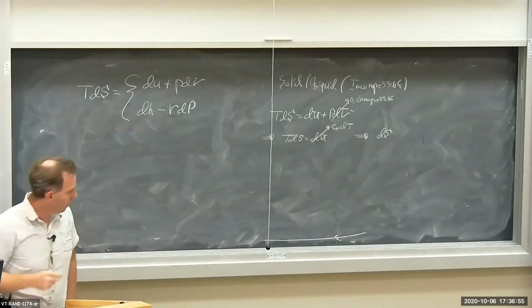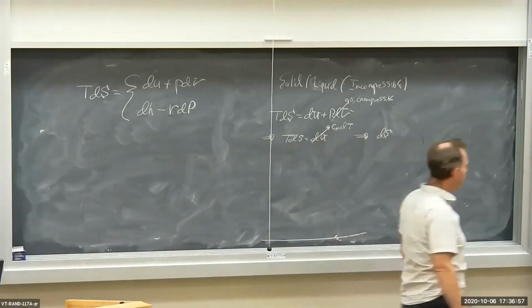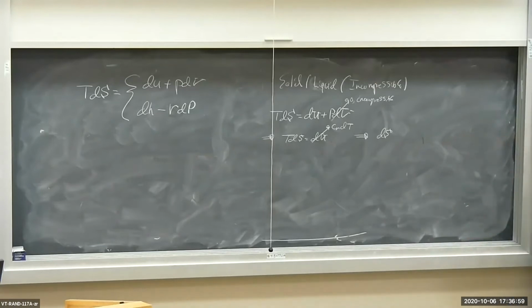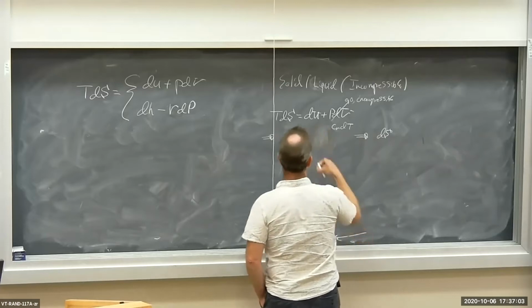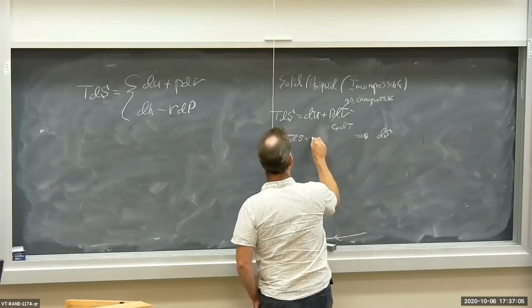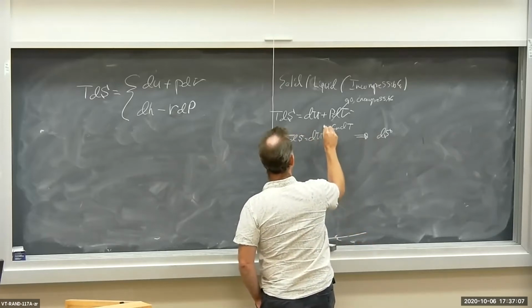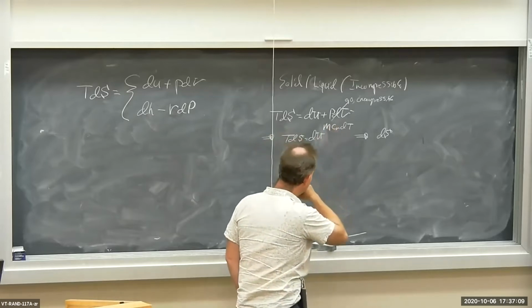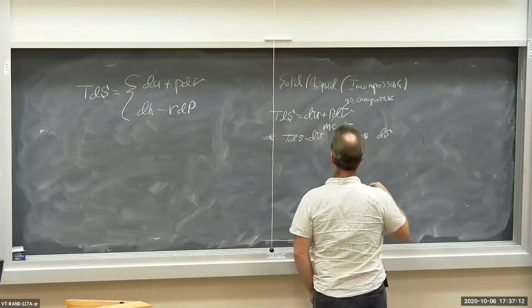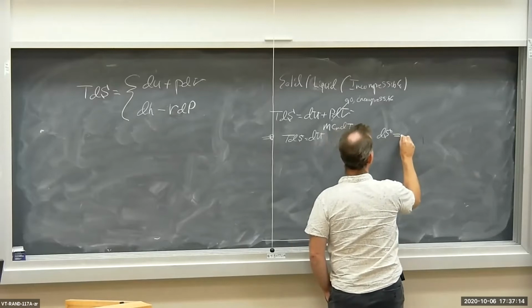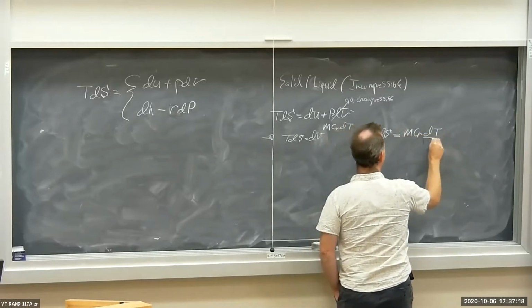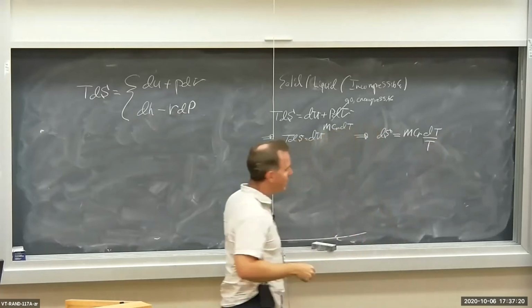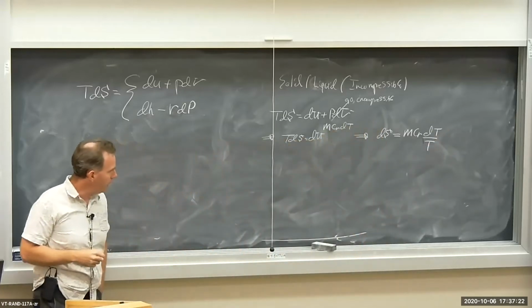So why don't I be a little bit more careful here? du is equal to the mass times CV dt. So I get ds is equal to m CV dt over temperature.